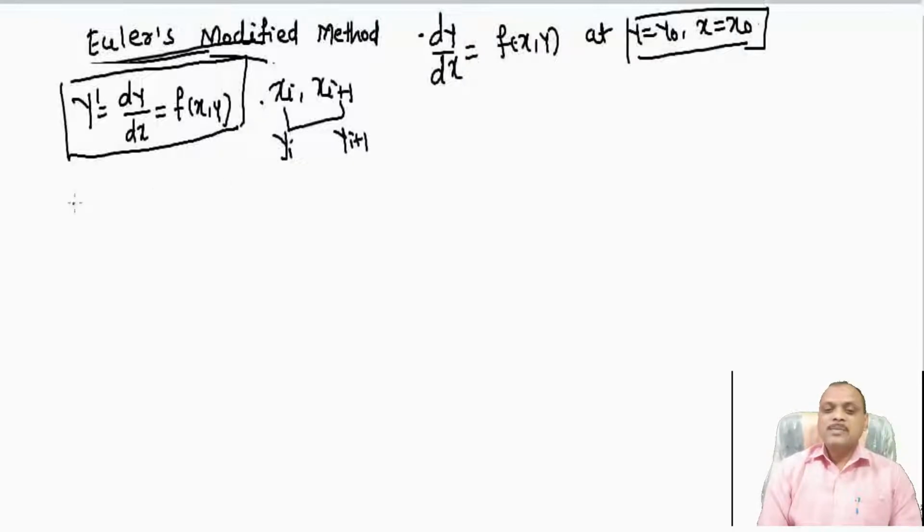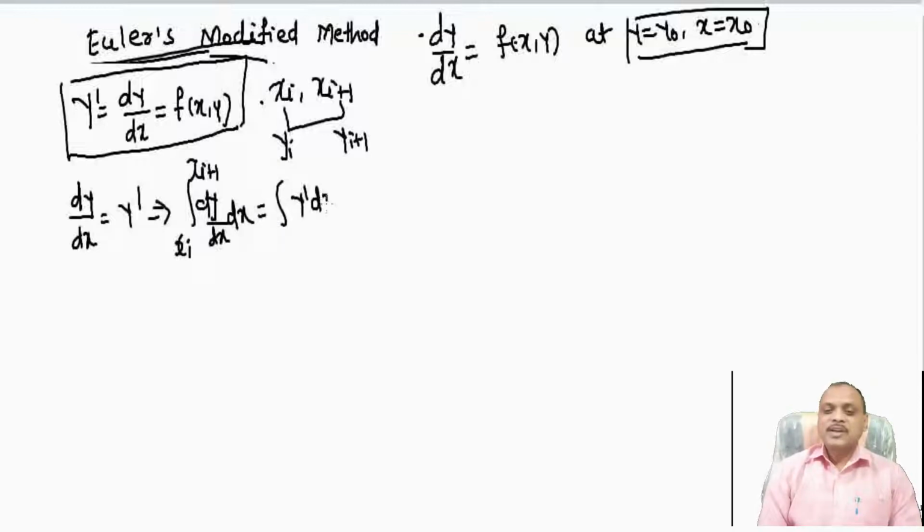So dy by dx equal to y dash. Integrate this: integration from xi to xi plus 1 of dy by dx into dx equals integration of y dash between the limits xi to xi plus 1.